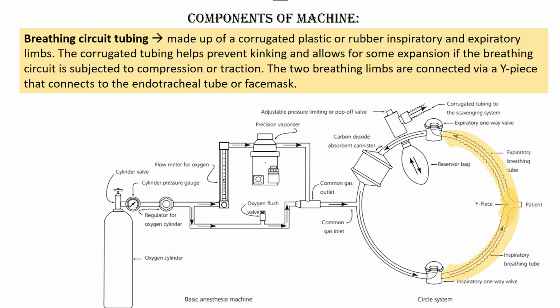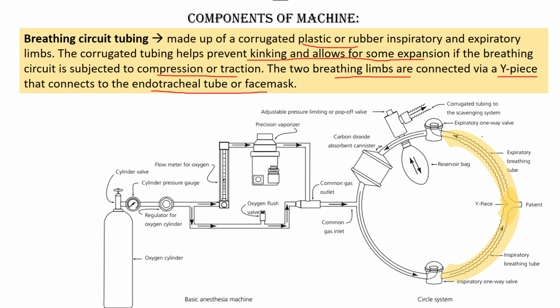Next is the breathing circuit. The breathing circuit is basically made up of corrugated plastic or rubber inspiratory and expiratory limbs. The corrugated tubes help prevent kinking and allow for some expansion if the breathing circuit is subjected to compression or traction. And these two breathing limbs are connected with a Y piece that connects to the endotracheal tube or face mask. What are they saying?